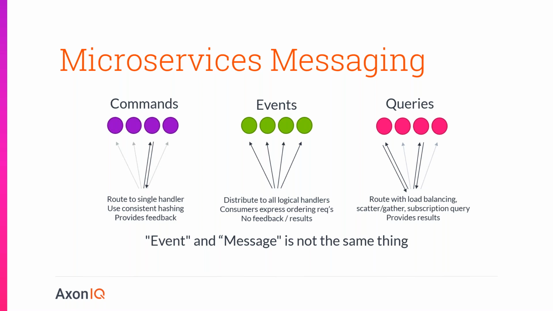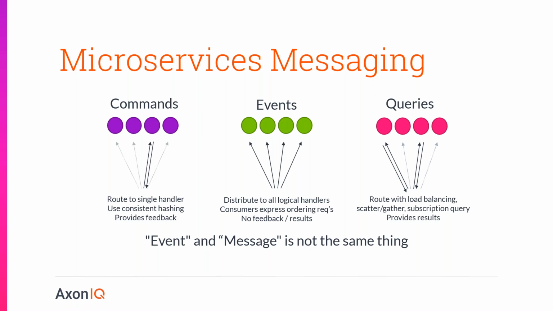And the last one are queries. And queries in Axon Framework are a relatively new member, so to say. And queries follow different patterns for different use cases. Typically, you'll have point-to-point queries.